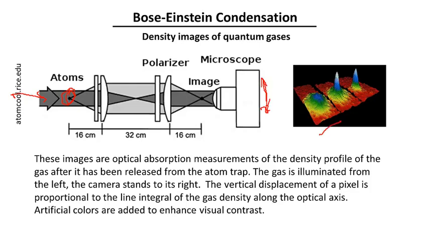It's just determined by the absorption of the light by the gas. So what you're seeing is the integrated density of the gas in the line of the light. And the coloring here is just artificial, which is put in to enhance the visual contrast. The image is just a lookup table that reflects the density of the atoms.